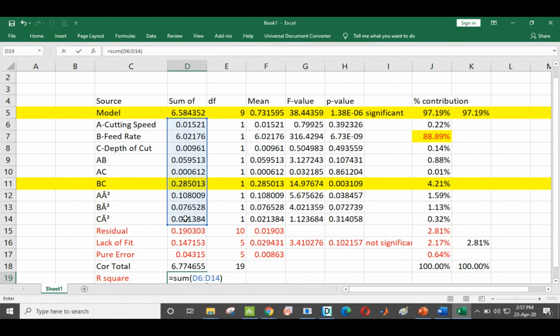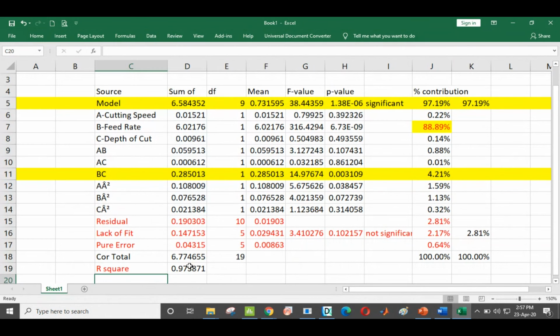These are the parameters with their interaction effects divided by the correlation total. So this is the R square value.